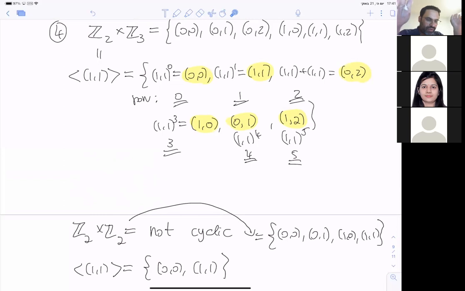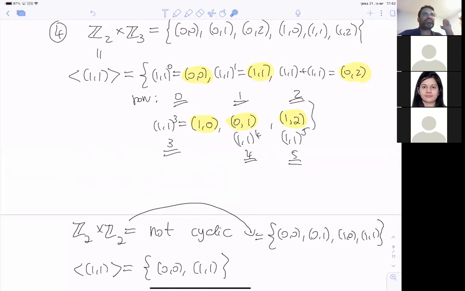We're going to see later that such a group is cyclic if and only if these two numbers are co-prime. I mean, their GCD is 1, their greatest common divisor.